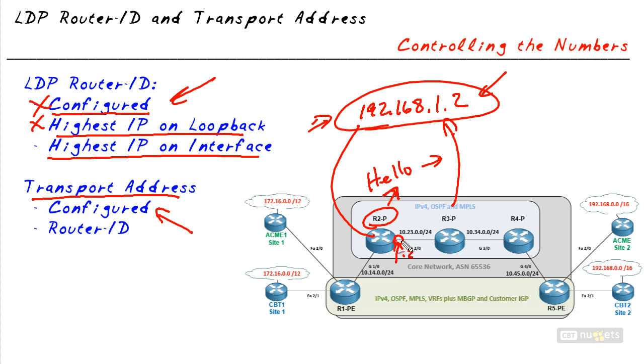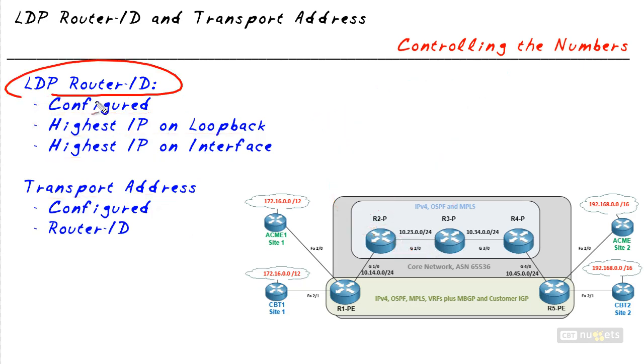And if we tell it that, not only will the source IP address of the packet being sent in the hello be coming from 10.23.0.2, but also the transport address, the advertised address inside that LDP hello, will also have the address of 10.23.0.2, which R3 does have access to because it's directly connected, and that could solve the problem of reachability for the LDP neighborship.